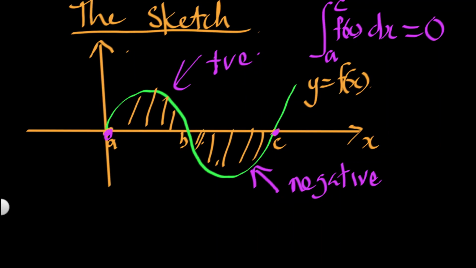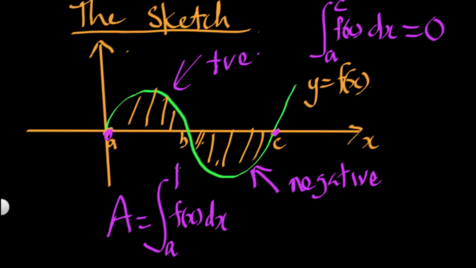So if you make a sketch and you see your areas like this, integrate them separately, such that our area in this case will be equal to the integration of f of x dx from A to B, and then plus, use a minus here.